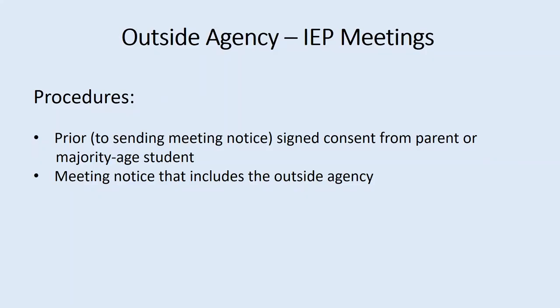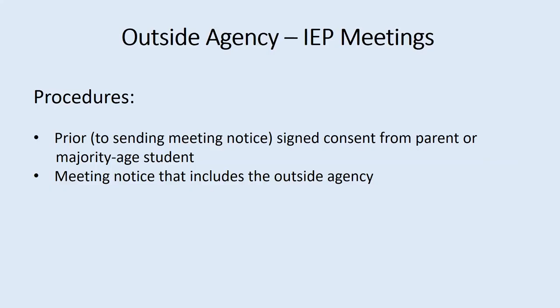But like Ann said, they could provide the information in a written format through some other person who is also helping with that student in that job site and so forth. But just make sure you follow the procedures for outside agency and not just have them show up and sign the IEP.